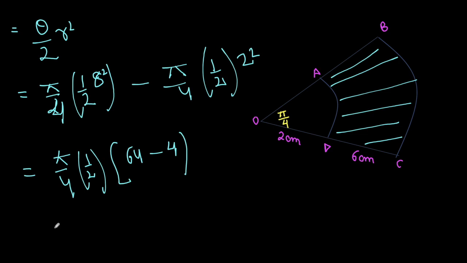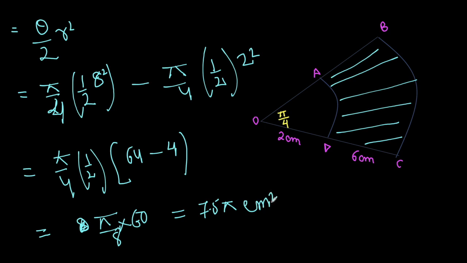So this will give you pi over 8 times 60. So 60 divided by 8 is 7.5. So the answer is 7.5 pi, and your answer will be in centimeter squared, because we have asked for the area of the sector. Okay, so this way you can find the area of any sector.